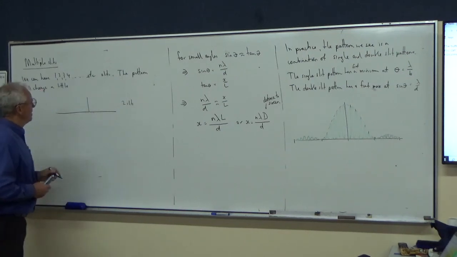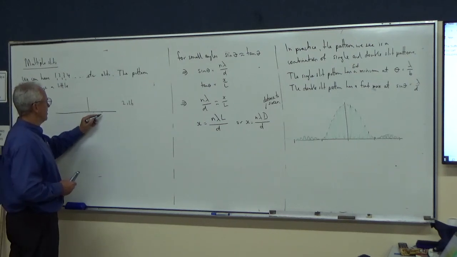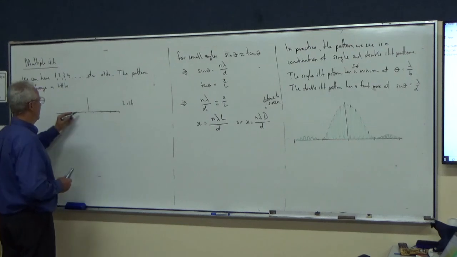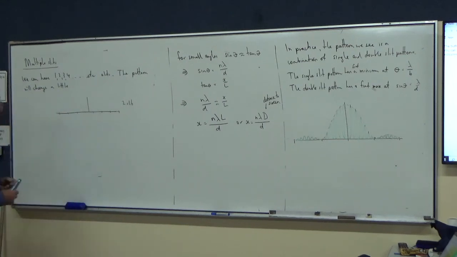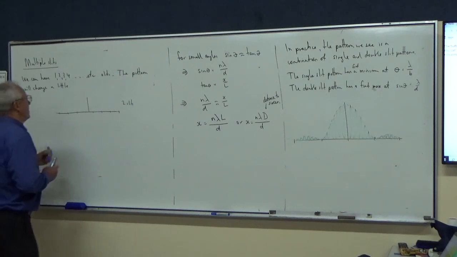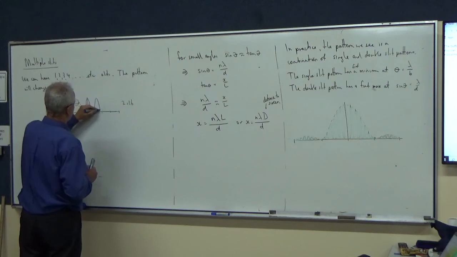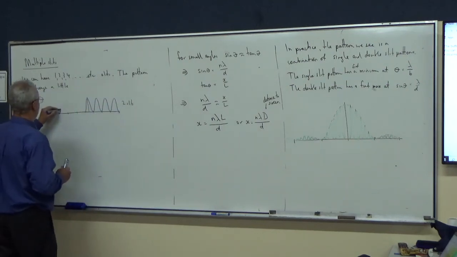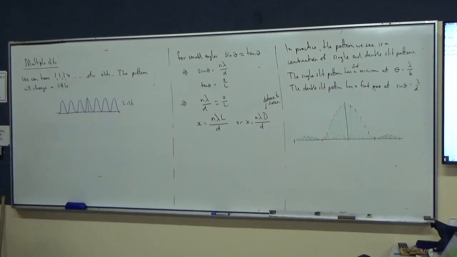There's my central one, the other one is the same. So like that, like that, like that, like that, like that, like that. Okay? So they're all the same width and all the same height. Right, so something like that.